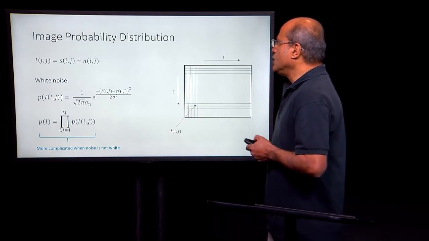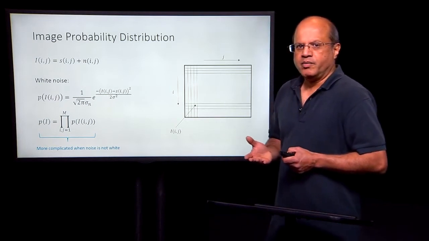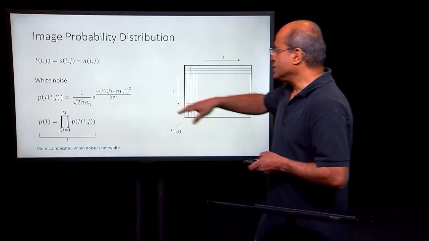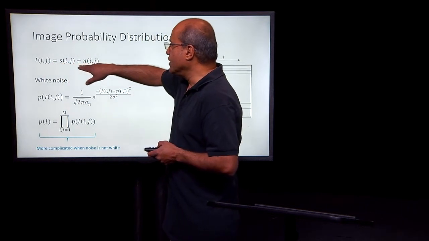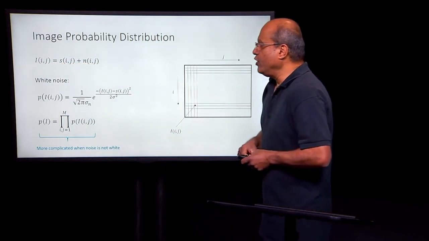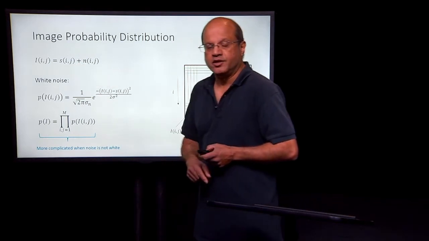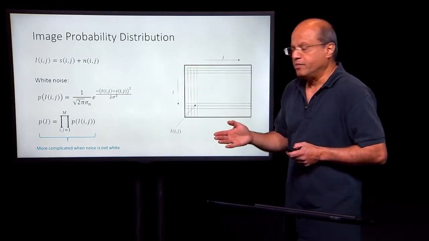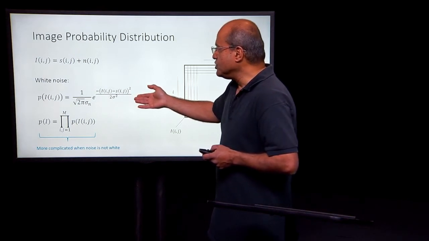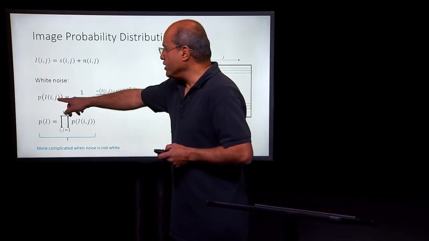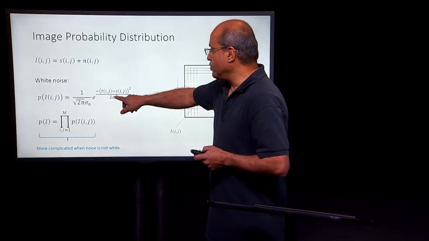Now that we've described what noise looks like and what its probability distribution looks like, we can start asking what happens in an image when you have a signal as well as noise. When you have signal plus noise and you assume the signal is deterministic, that it does not change from sample to sample, then the probability density of any given pixel still remains Gaussian with the same variance as before.